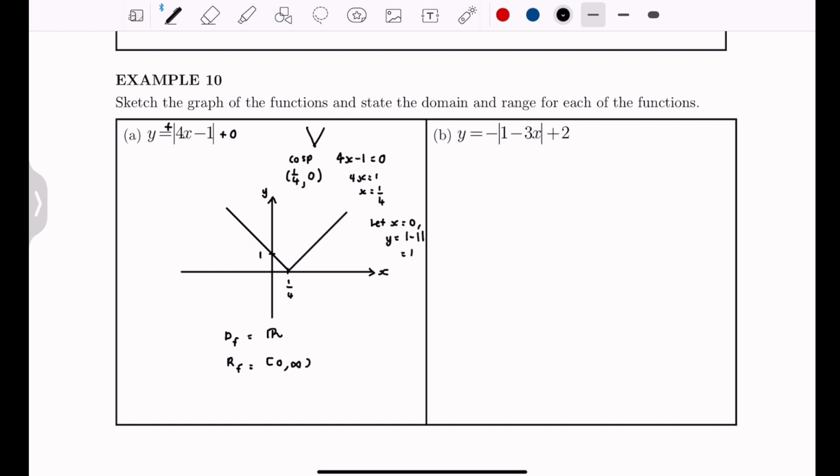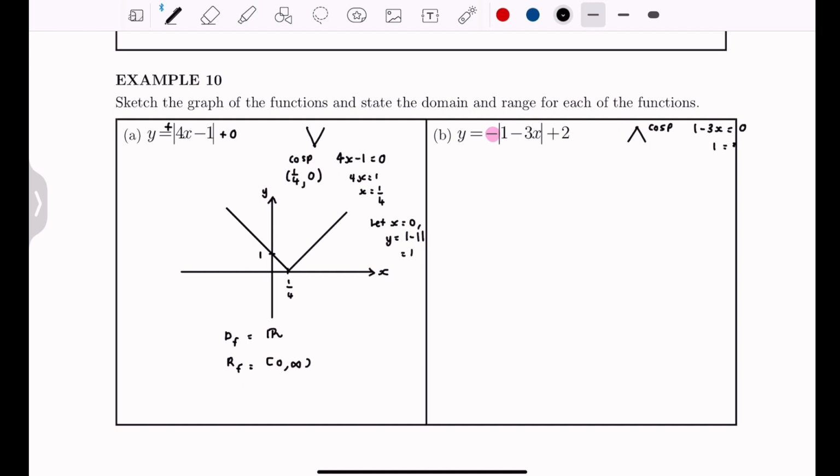Next, for B, we have y equals negative modulus of 1 minus 3x, plus 2. First, we have to determine the basic shape. Since the modulus is negative, we're going to have an upside down V. For the coordinate of the starting point, we let every term in the modulus, 1 minus 3x, equal 0.